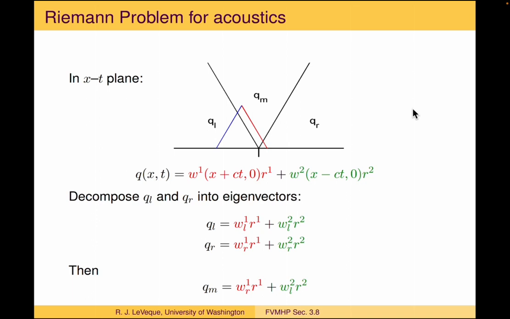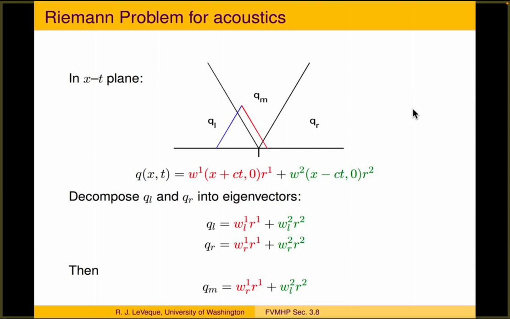But what we see in this special case of a Riemann problem is that if I do it at this point, I get this combination. But if I did it at some other point that's in this wedge marked QM and trace back the one characteristic and the two characteristic from that point, I would still get 2 points where the one characteristic is coming from the right state, QR, and the two characteristic is sampling the left state, QL.